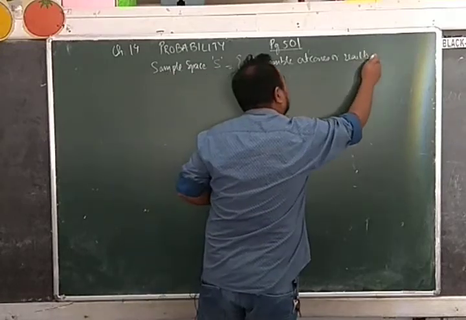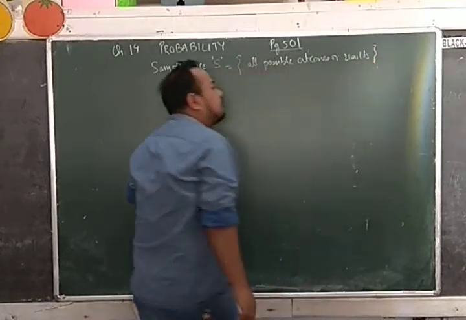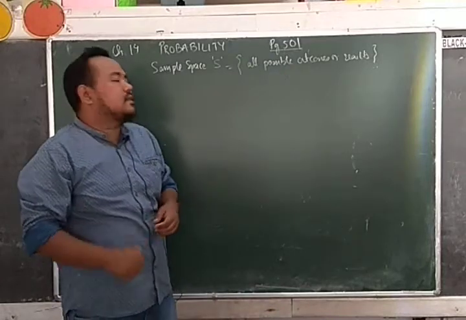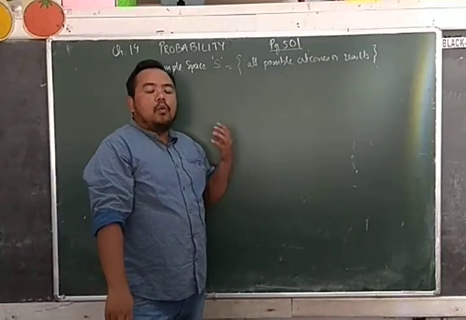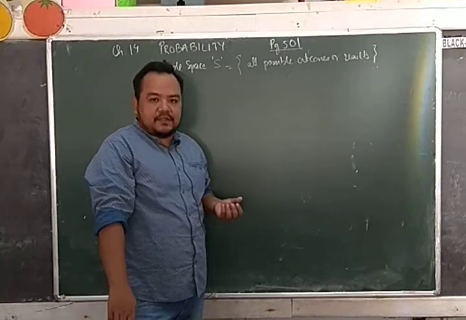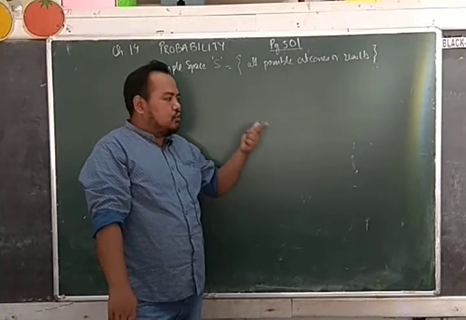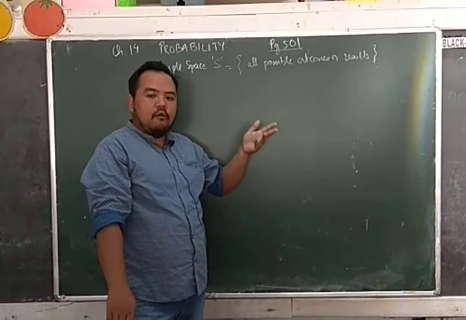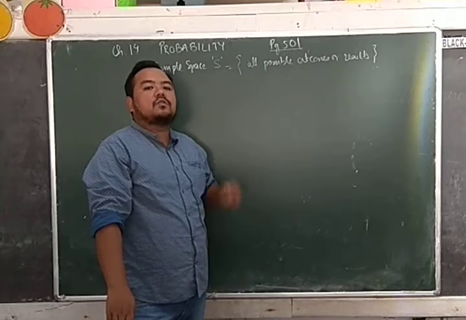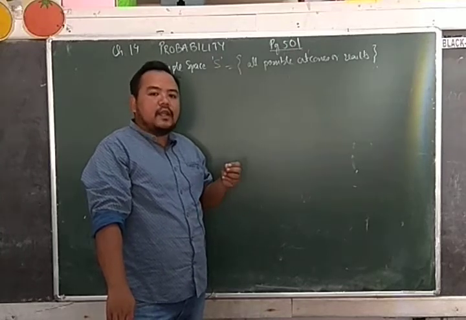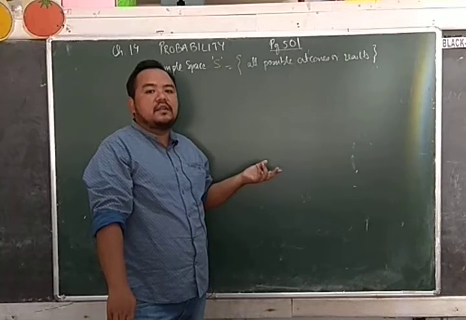So this is the meaning of a sample space. Example, when you roll a die, what are the possible numbers you can expect? 1, 2, 3, 4, 5 and 6. This is called your sample space. We will not get any other number apart from these 6 numbers.